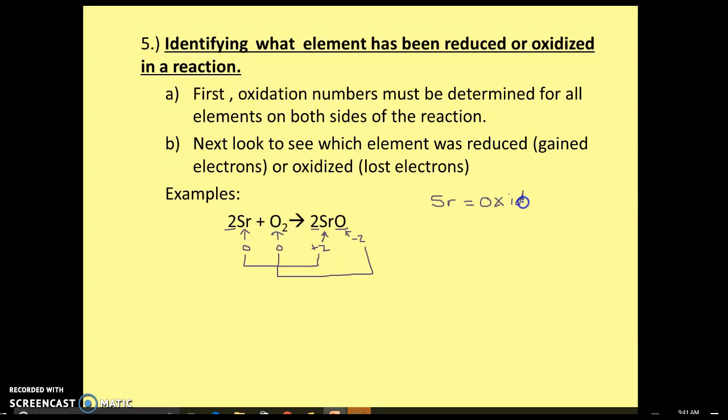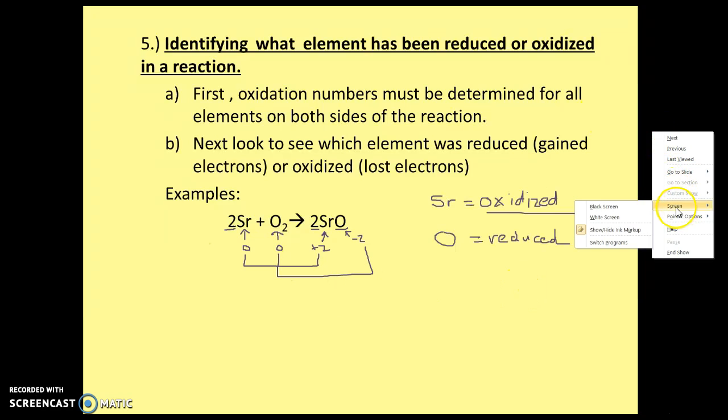I can also tell because the oxidation number has gone up. It went from 0 to +2, so it must have been oxidized. Oxygen, so the O2 went from 0 to -2, so it gained electrons, and its oxidation number went down, so it was reduced. Okay, so you have to always start by assigning those numbers and going from there.